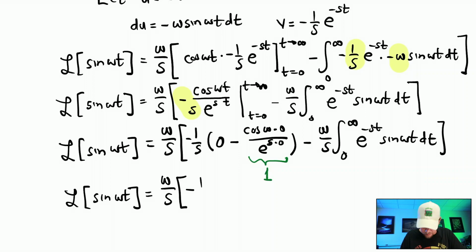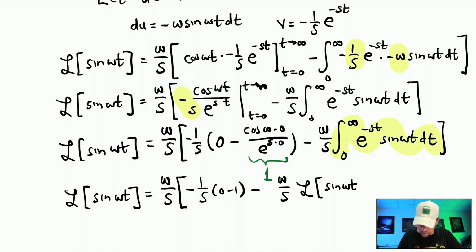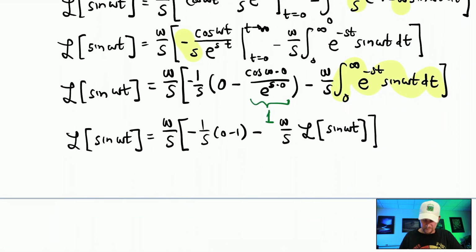We have minus 1 over s, 0 minus 1, minus omega over s. And if you take a look at what we actually have here in this integral, that is once again the Laplace transform of sine omega t. So we can rewrite it as the Laplace transform of sine omega t like this.